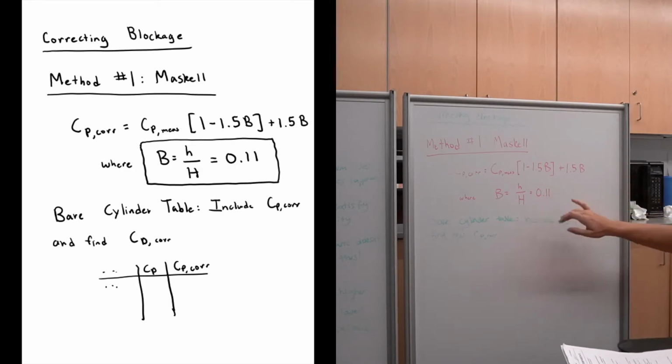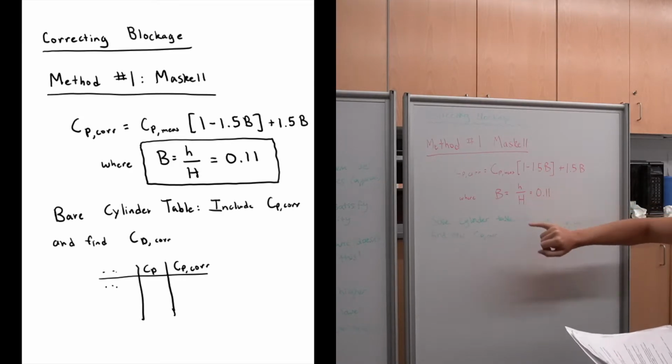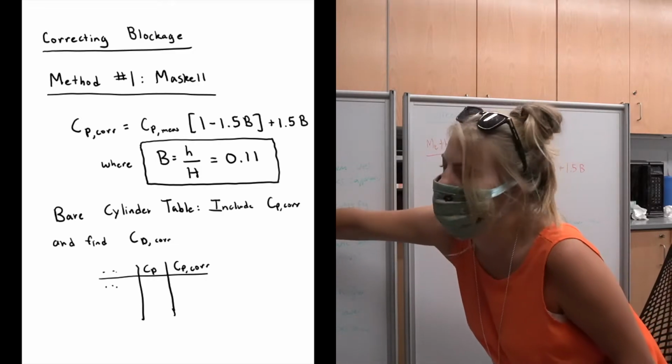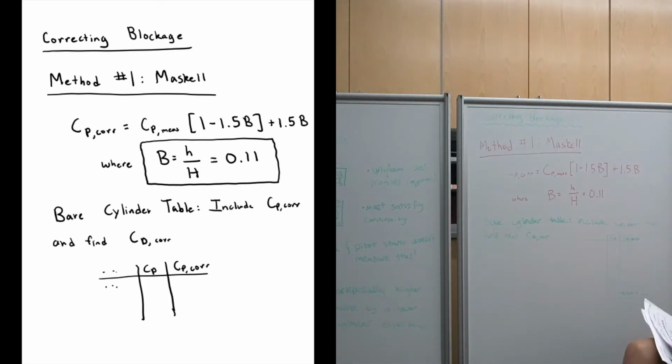In this equation, b is equal to little h over big H, the ratio of the height of your cylinder to the height of the test section. For our experimental setup, this is equal to 0.11.